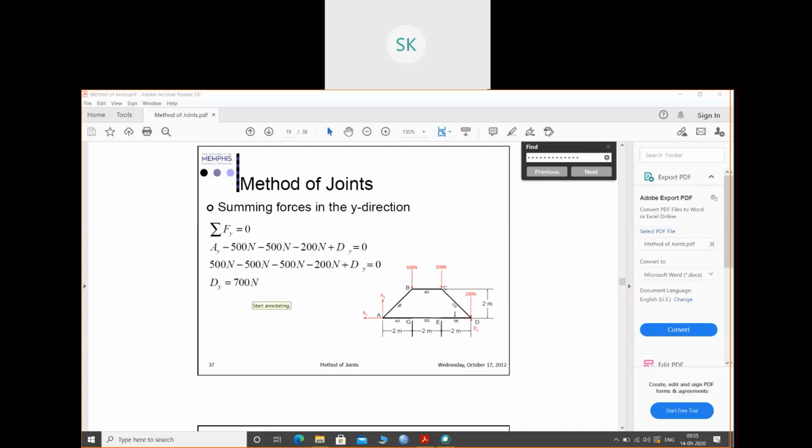My screen is at 37. Is it visible? Please respond. My screen is at 37. It is still at 36. In the next class, I need to shift my screen.